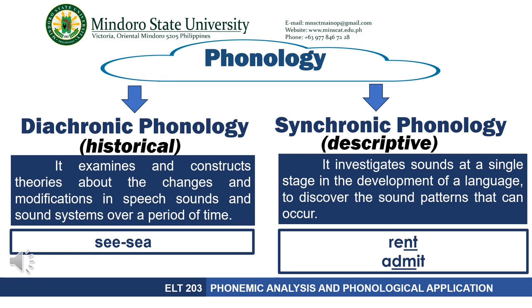It is descriptive and it aims to discover the sound patterns that can occur. It also investigates sounds at a single stage in the development of a language. Observe this example. NT and DM can appear within or at the end of words, like rent and admit, but not at the beginning.